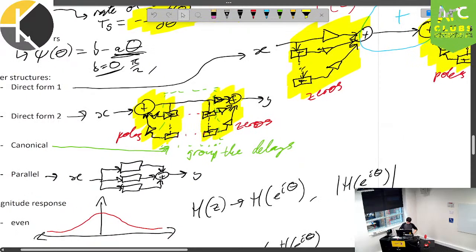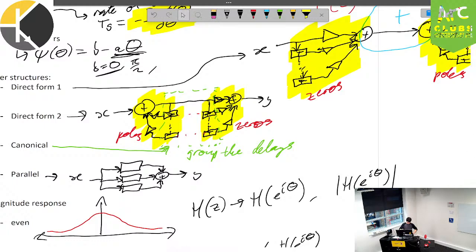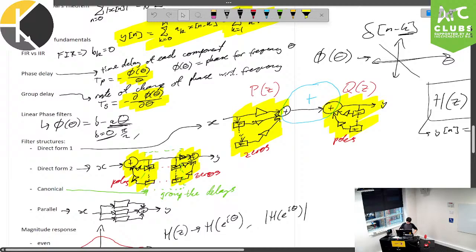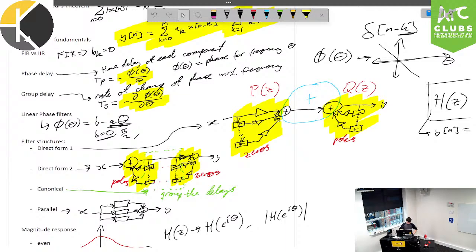Okay. So that is direct form 2 and canonical form. Now, the pure definition of canonical form is just requiring the minimum number of delays within the circuit, within the filter structure, okay? So if you're able to do that in any direct form on its own, perfect, you already have the canonical form, but when we're dealing with anything a bit more convoluted, canonical form becomes a bit more profound.